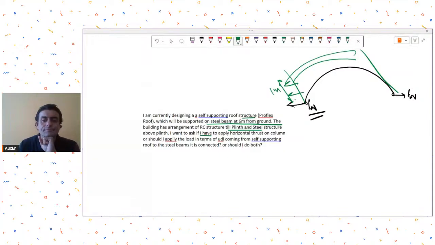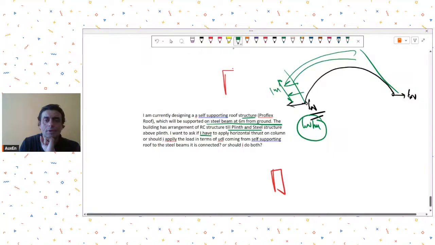If you get that, it will be basically kilonewton per meter. Now this kilonewton per meter, you can apply on the beam as UDL, because you are not modeling this Proflex sheet. So it is better to apply it on the beam, because that is how the load transfer will take place.